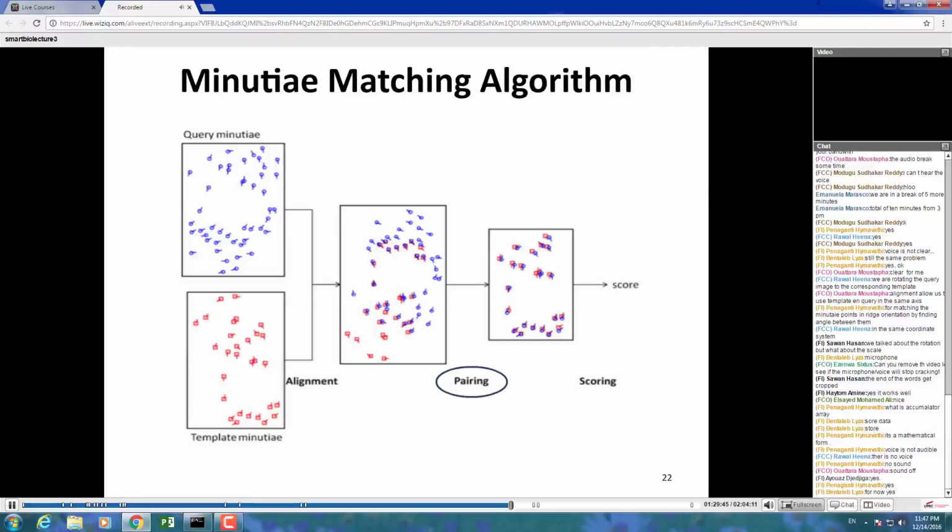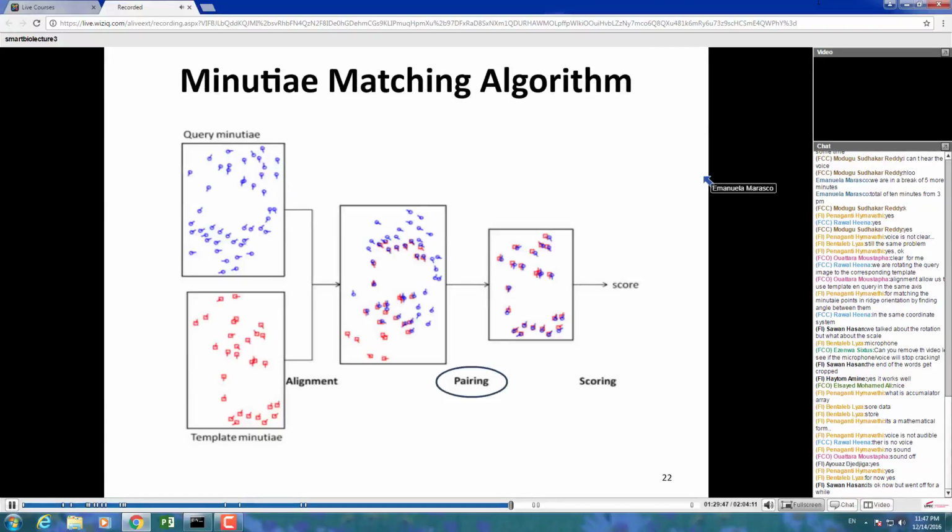We just focus on one example of an algorithm to align minutiae, which is based on the Hough transform. And now we can see the pairing, which is the second step of the matching.